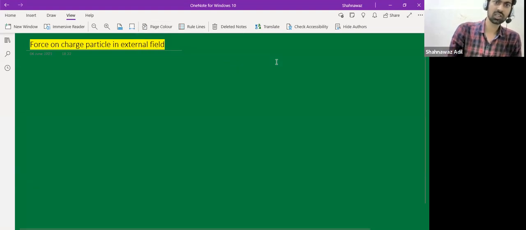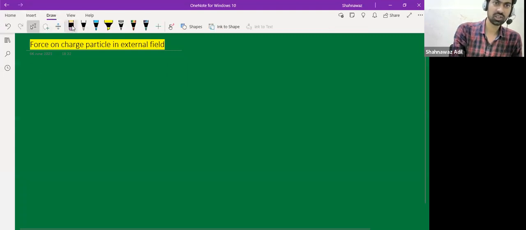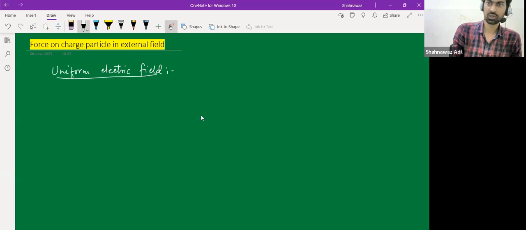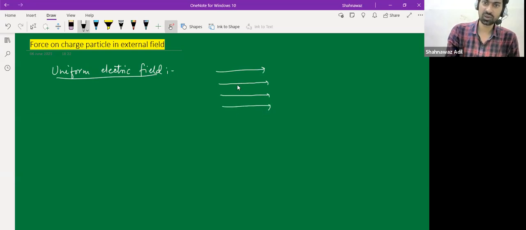So force on a charged particle in an external field, right? The first thing is, what is a uniform electric field? We have these electric field lines, and they are parallel, and the distance is always the same.